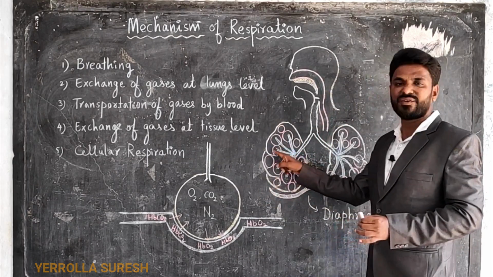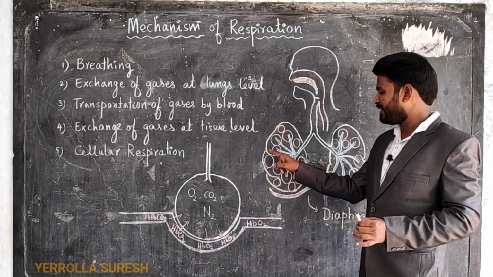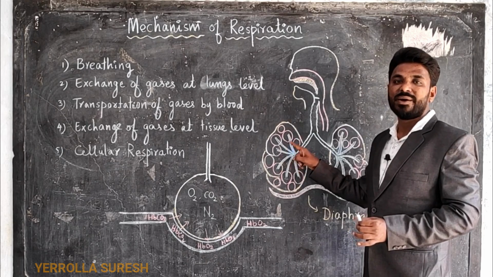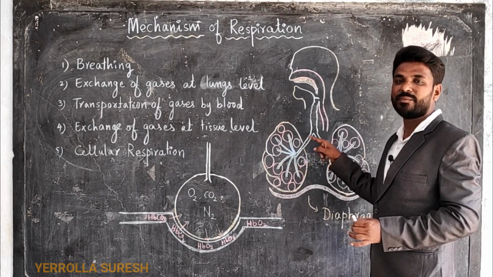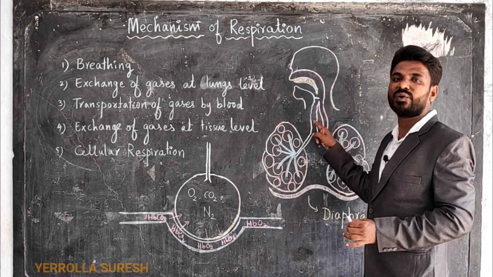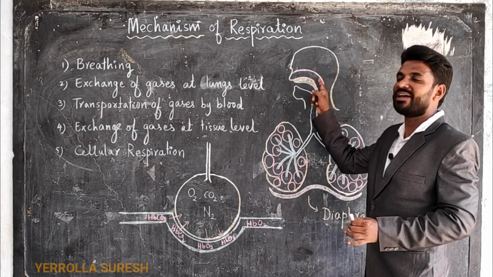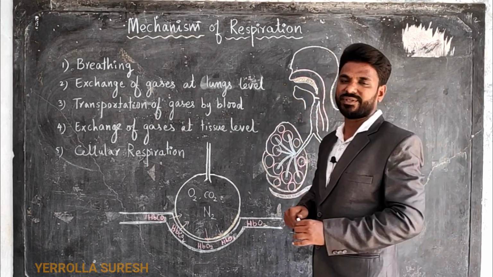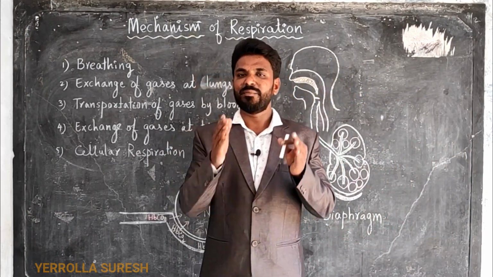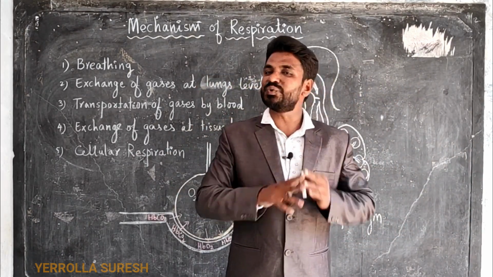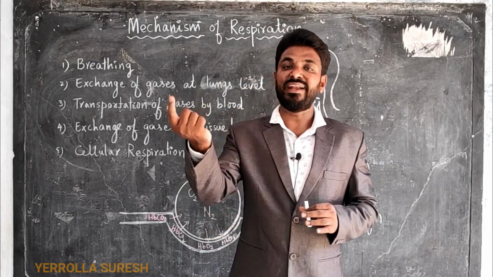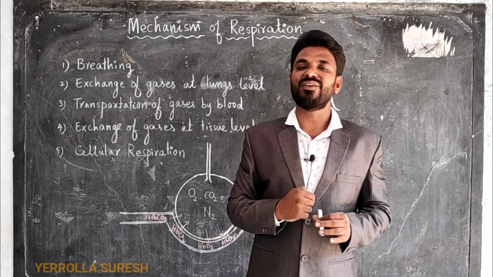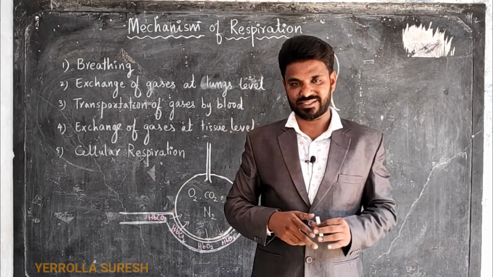First of all, the air from alveoli comes to bronchioles, bronchioles to bronchi, bronchi to trachea, trachea to pharynx, pharynx to nasal cavities, nasal cavities to nostrils, and nostrils to the atmosphere again. Here, in breathing, we can observe 2 steps. First one, the entry of air into lungs, and second one, exit of air out of the lungs.